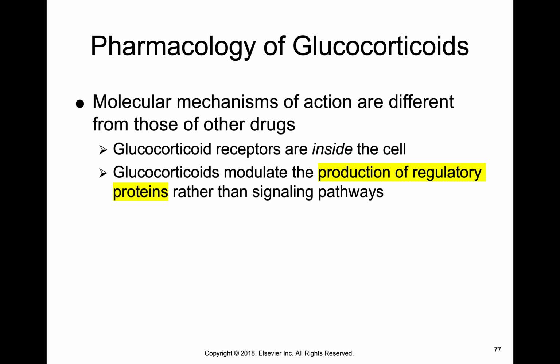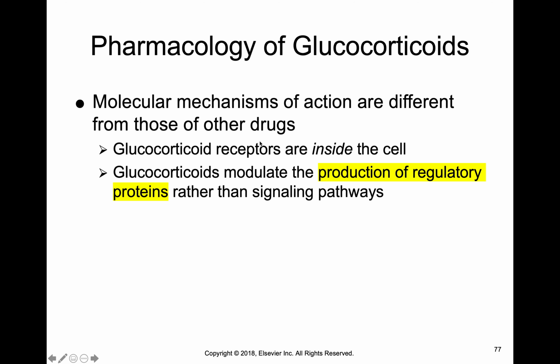So unlike a lot of the other types of drugs, where we produce some kind of cell signaling compound like histamine or dopamine or serotonin or catecholamines like epinephrine, norepinephrine, all those things are compounds that then have to go and find a receptor and sit on that receptor in order to create an effect.